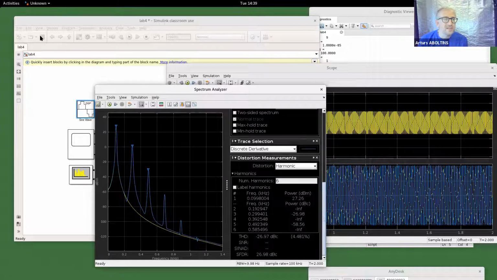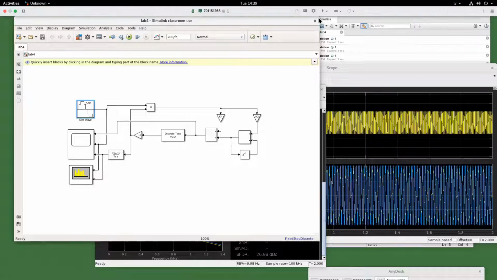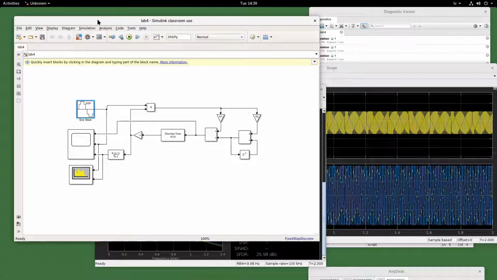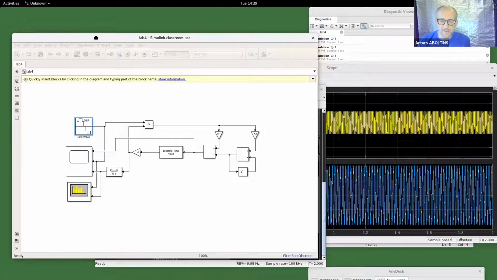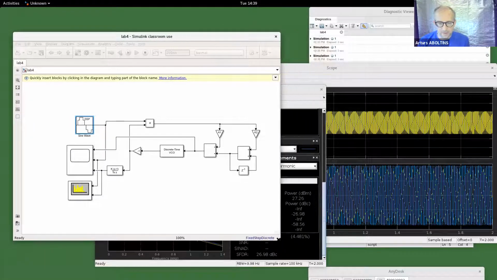Okay, I will save all this, but this model anyway will be deleted after the reboot. But you can send this over the network to somewhere else, because these machines have a web browser. You can go to the web browser on this AnyDesk machine and upload your files.